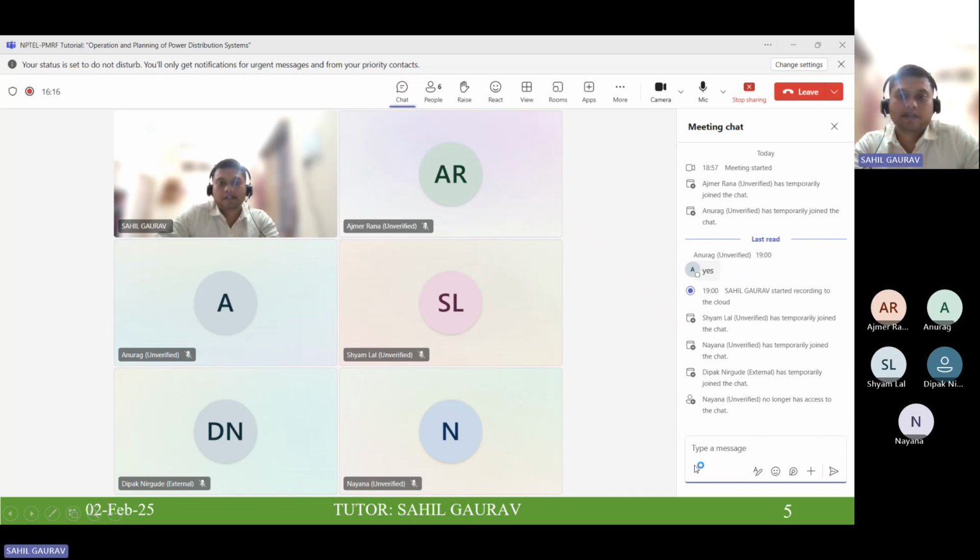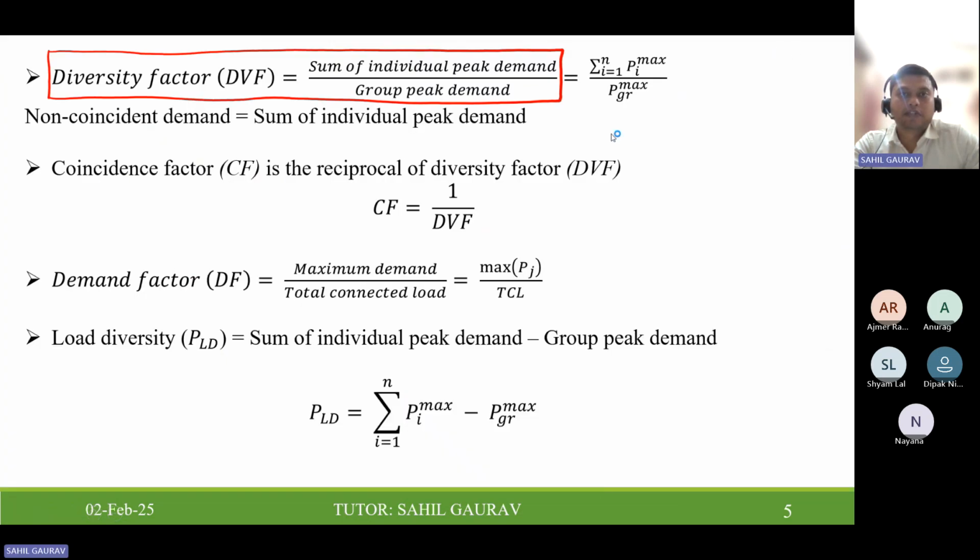You can reply in the chat box or you can speak also. I am asking, it is very simple. I am asking about the diversity factor. So will the diversity factor be less than 1 or greater than 1?